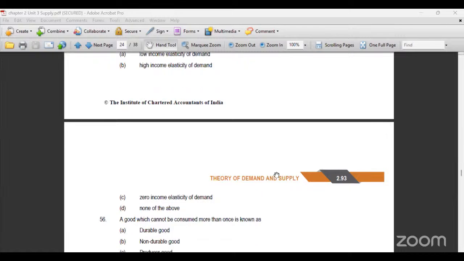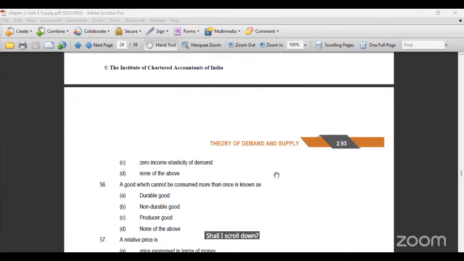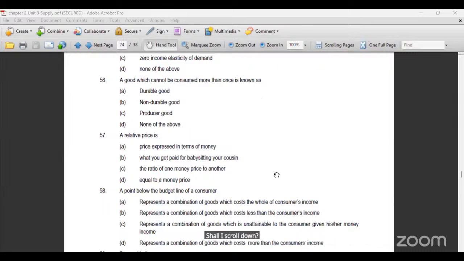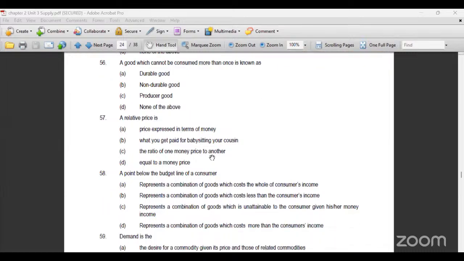Can I scroll down? Are you all looking at the textbook and writing?